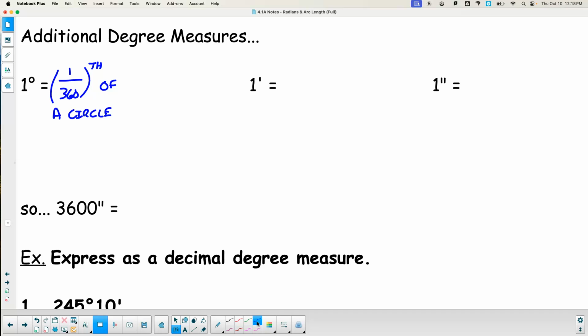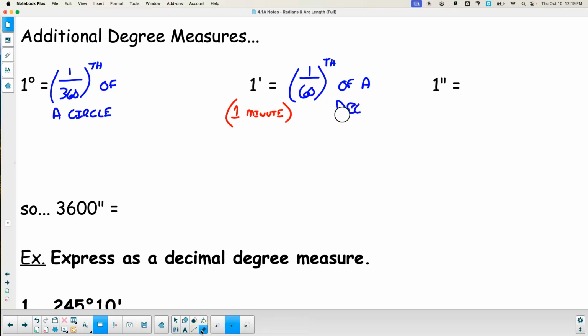1 minute, and that's the symbol for 1 minute, is 1/60th of a degree. Like the time?